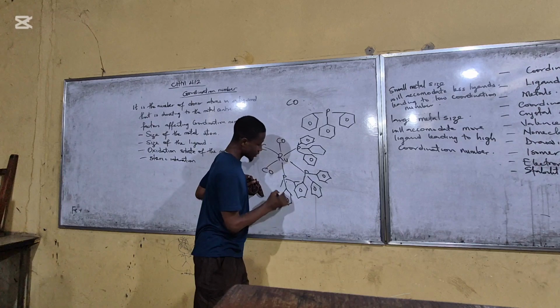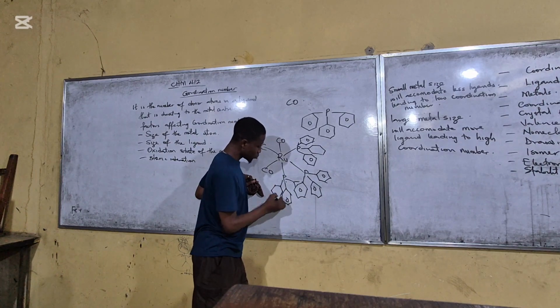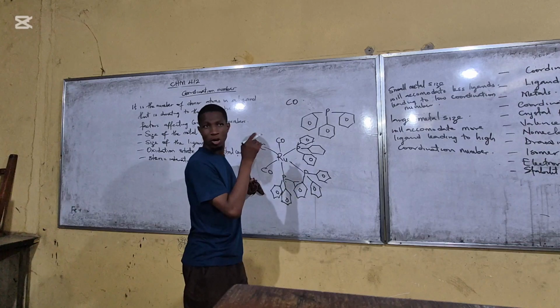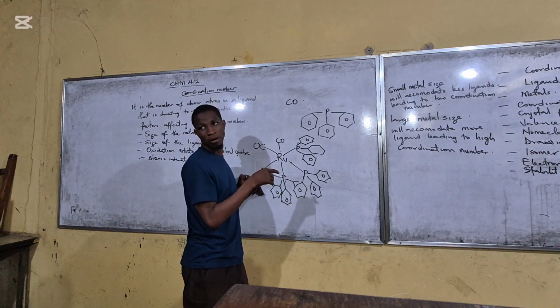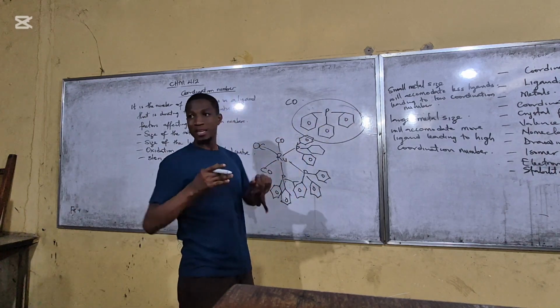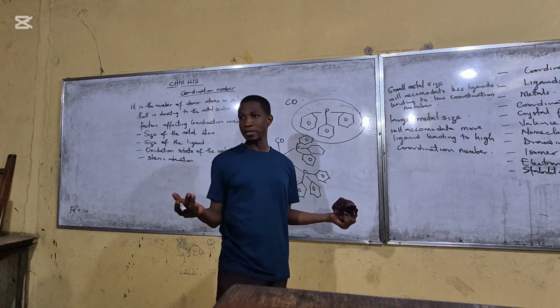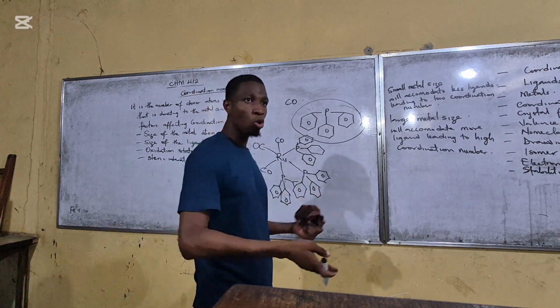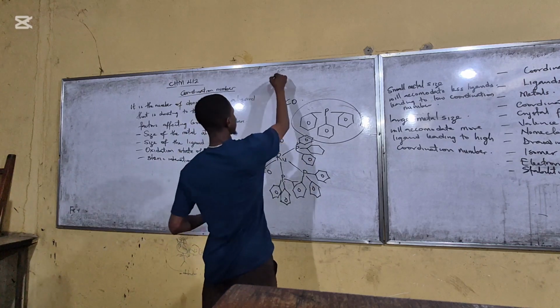So what I'm saying in essence is bulky groups will lead towards low coordination number. When you have a bulky ligand, the large size of the ligand will support low coordination number. So you can put it there as explanation.